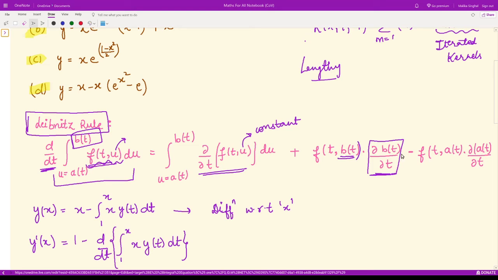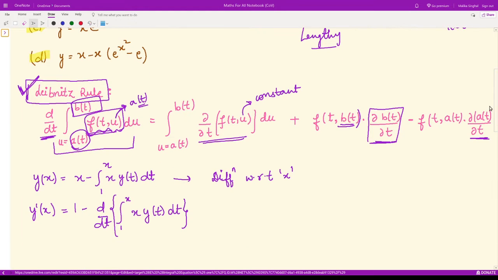Minus the derivative of the lower limit, multiplied by f, where you substitute t with the lower limit. So this is the rule, and you must remember this. This is a very important rule.